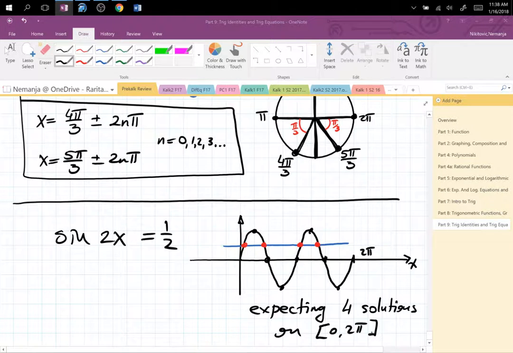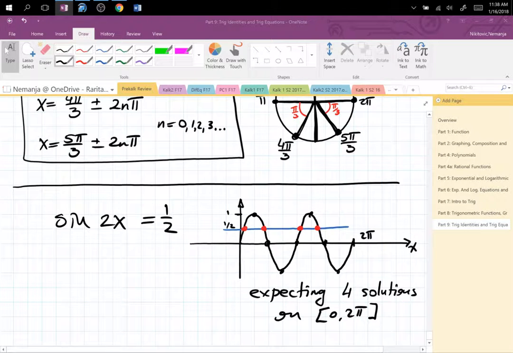Because the sine was twice as fast, it completed 2 full oscillations from 0 to 2 pi. Therefore, we are expecting 4 solutions with a 1/2 intersection. So that's a 1 and it's a 1/2.